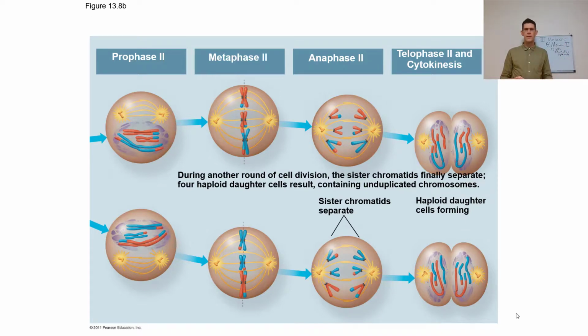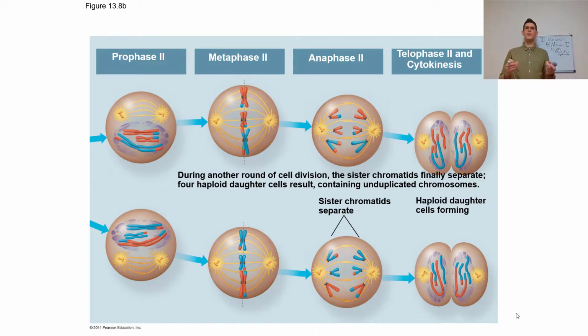The difference here is that we're doing this in a haploid cell as opposed to a diploid cell. And we're doing this with recombinant DNA that has been affected by crossing over, not with non-recombinant DNA that has not been affected with crossing over. So the difference between meiosis 2 and mitosis is that meiosis 2 comes after meiosis 1, effectively.